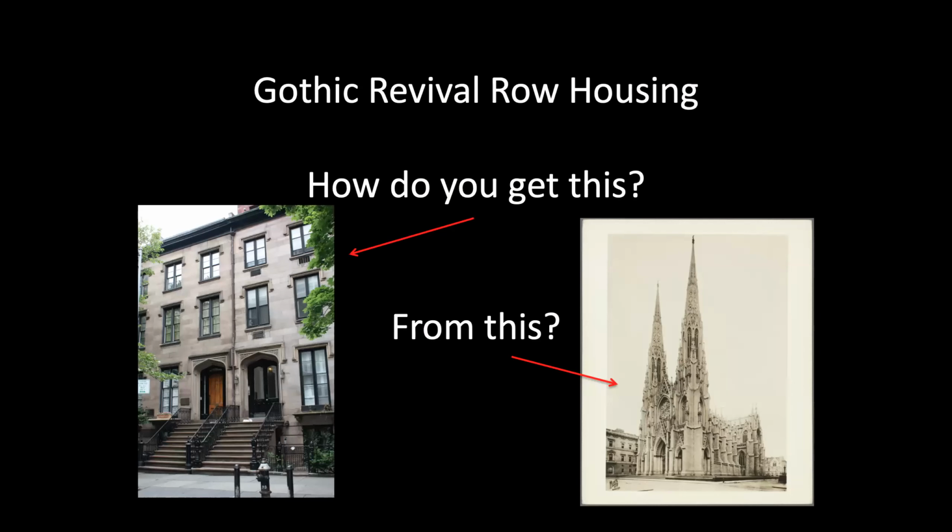But let's talk about row housing. So how did you get this, a row house, from this, a cathedral? So we talked about taking Greek temples of antiquity and building row houses that were alluding to those precedents, and how the Greek revival row housing kind of reduced this temple-like architecture to details around the doorway.